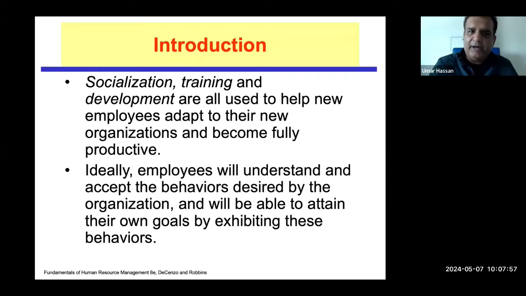So the HR department plays a very significant role over here. They design orientation and socialization strategies to make sure that the employees feel very comfortable right at the beginning of their work, and they get adjusted to the norms, values, and practices of the organization. And then we are going to talk about the training and development needs, which are somehow related to orientation and socialization, but they are a separate function altogether of HR.